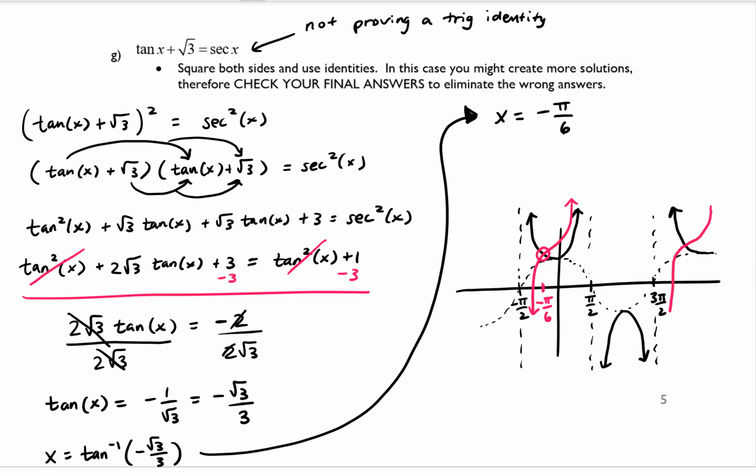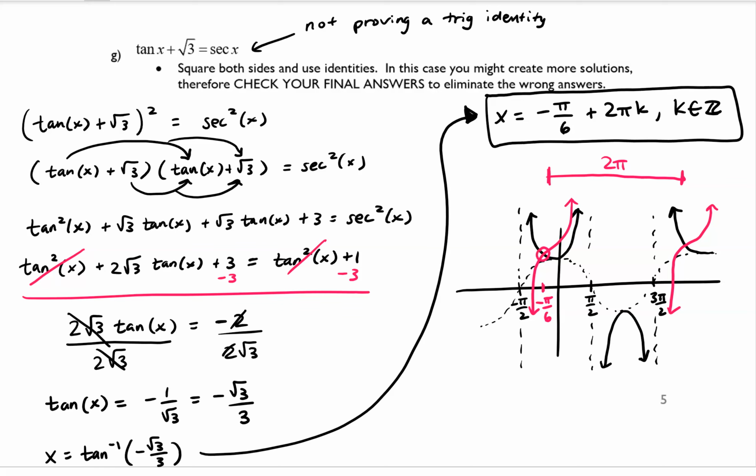It's going to happen here, and we know that the distance between here and here is 2 pi because that is the period of our secant function. So that tells us that we'll have x equals negative pi over 6 plus 2 pi k, where k is an integer. And that concludes this example.